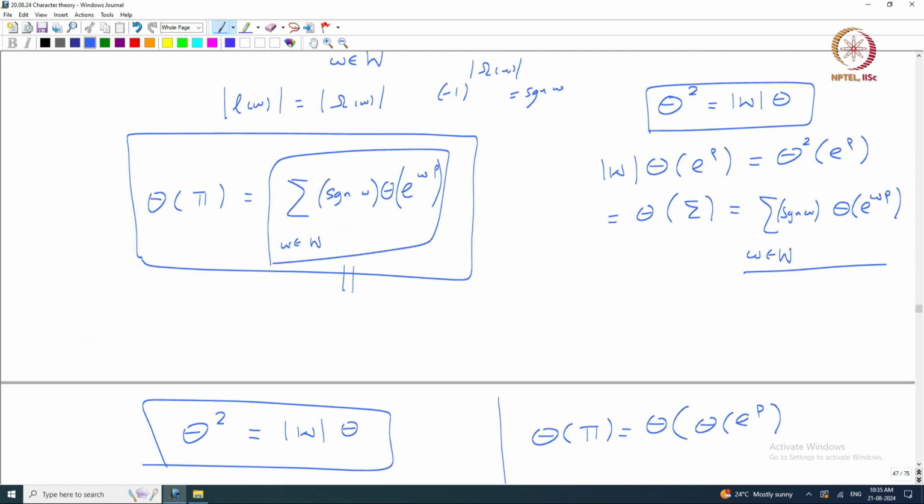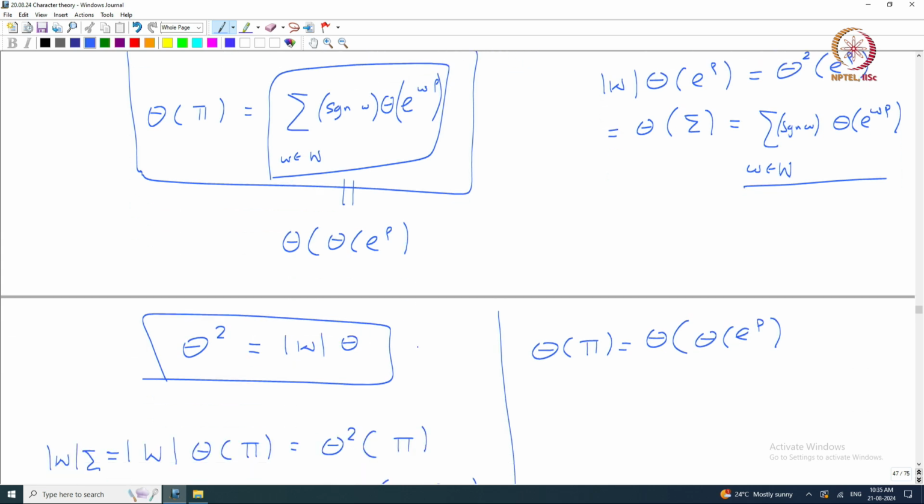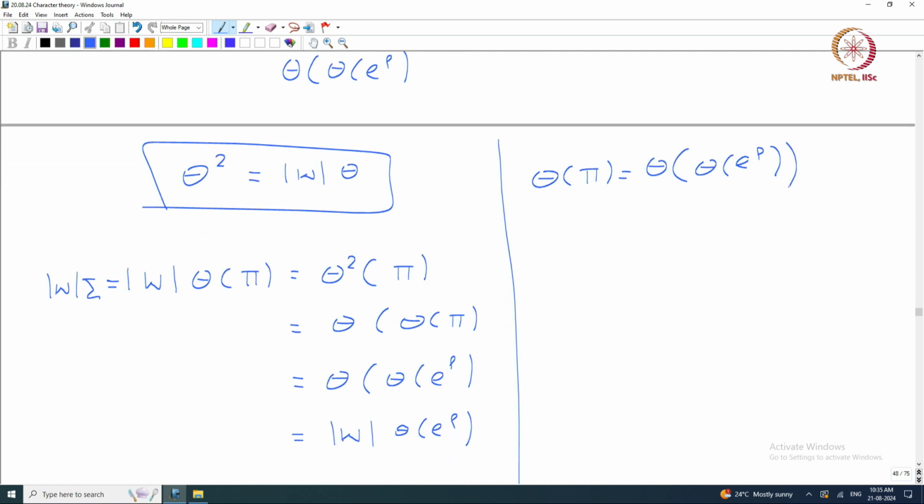So, this is exactly equal to theta of e power rho. Okay. Because theta of w rho again will give you this. But anyway, this is exactly equal to the cardinality of W, e power theta of e power rho, which is same as the cardinality of W sigma.